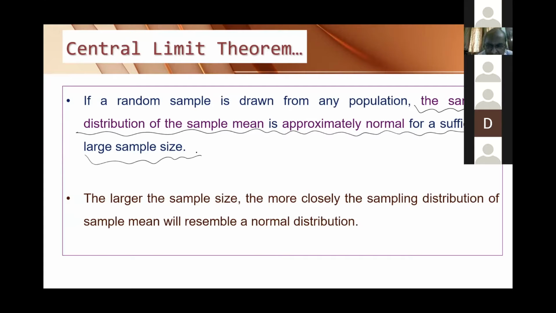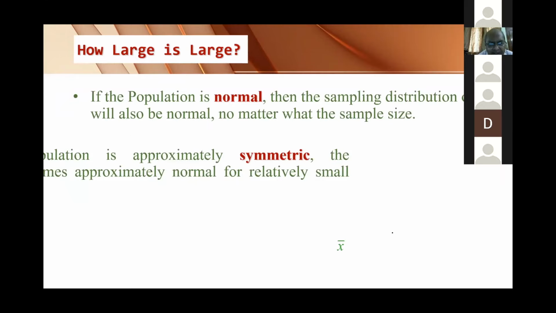So as your sample size increases, the sampling distribution of the mean tends to a normal probability distribution. That is what the central limit theorem says. So the larger the sample size, the more closely the sampling distribution of the sample mean will resemble a normal probability distribution. Now the question is, how large is large?